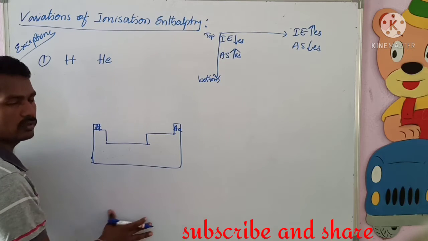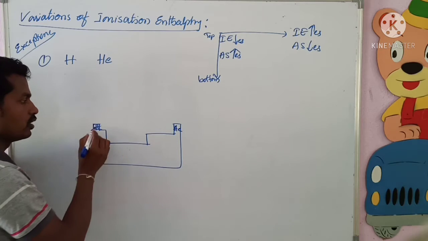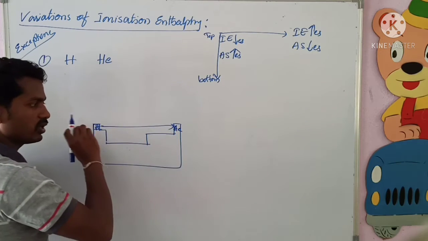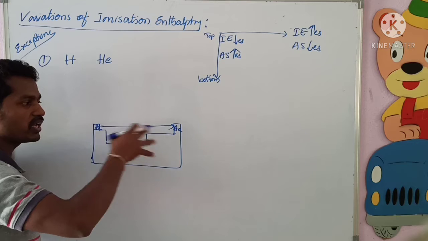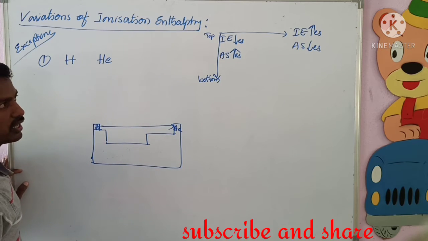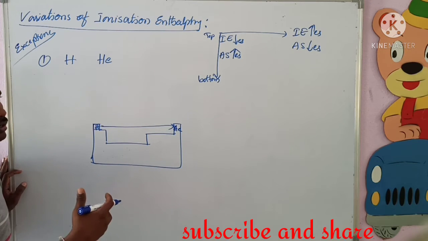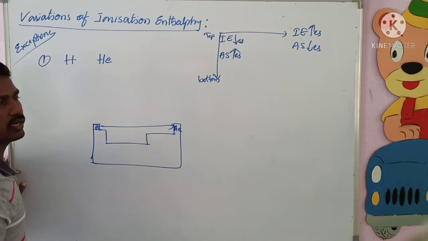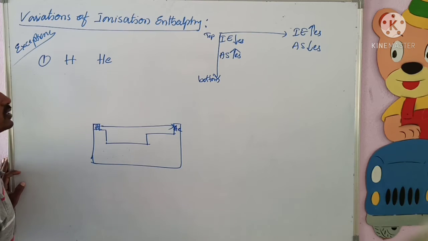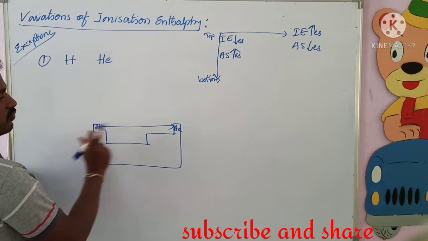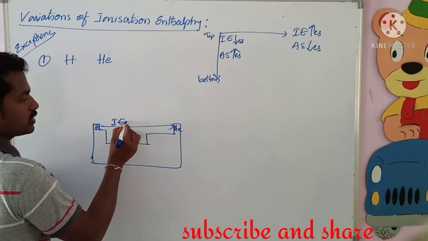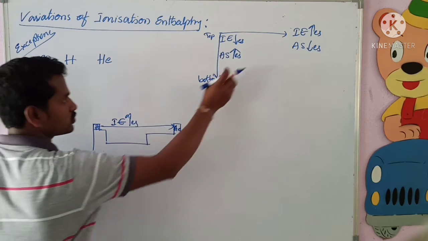Hydrogen and helium are located from left to right, that is, in the period direction. In the period direction, does the ionization energy increase or decrease? From left to right, ionization energies increase according to this.